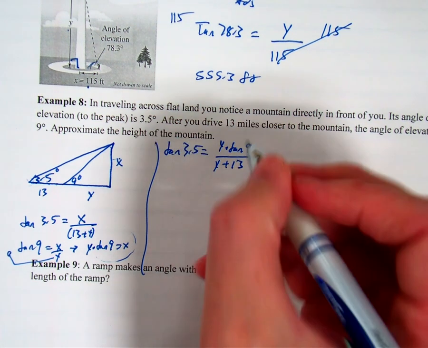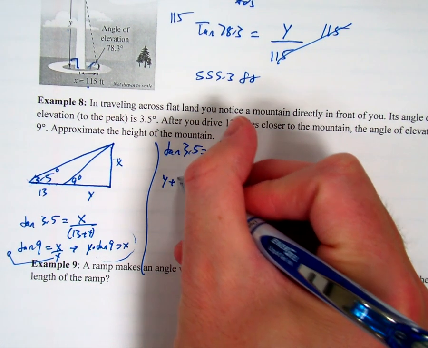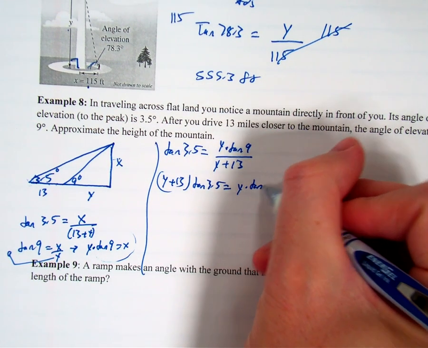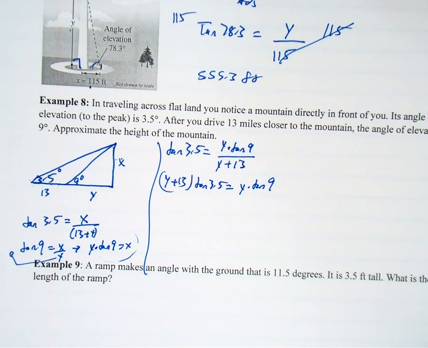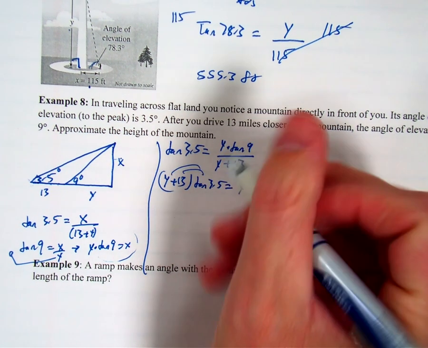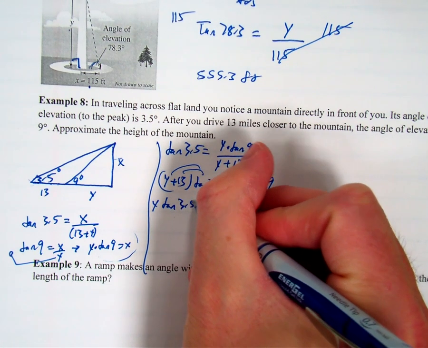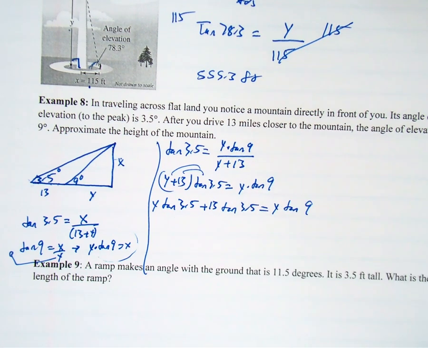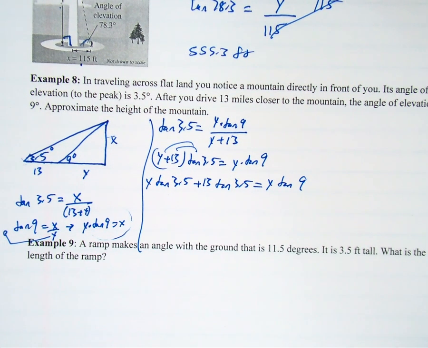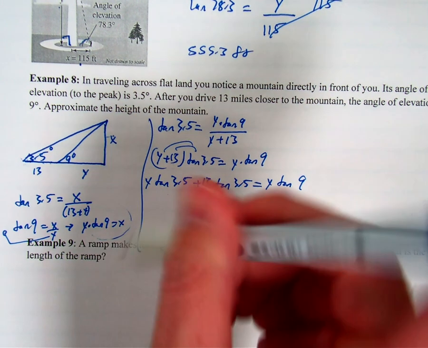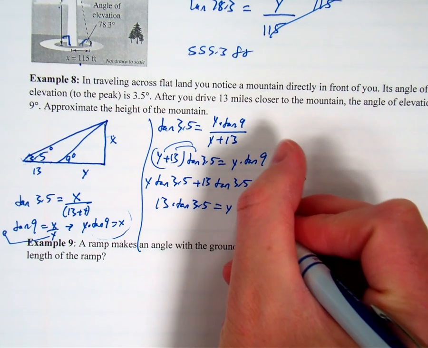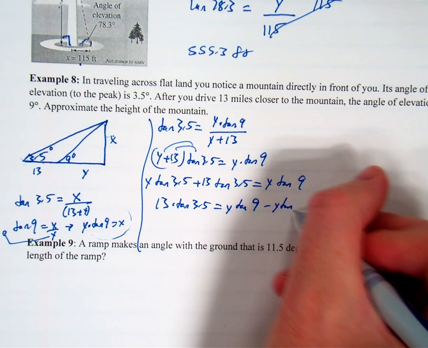Multiply this quantity up. Distribute. Now, the goal is to get the y's on the same side, so we're going to subtract this one over. y tan 9 minus y tan 3.5.